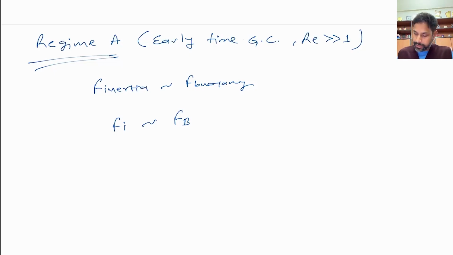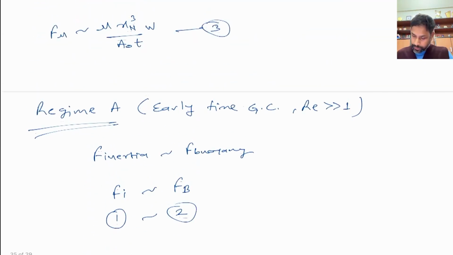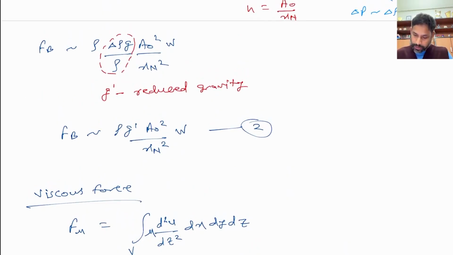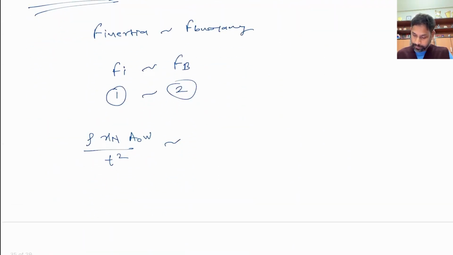So now we get this from equation 1 and equation 2. Equation 1 is equivalent to equation 2, and we have already copied equation 1 that looks something like this, and that is equivalent to equation 2, which gives us this particular equation.